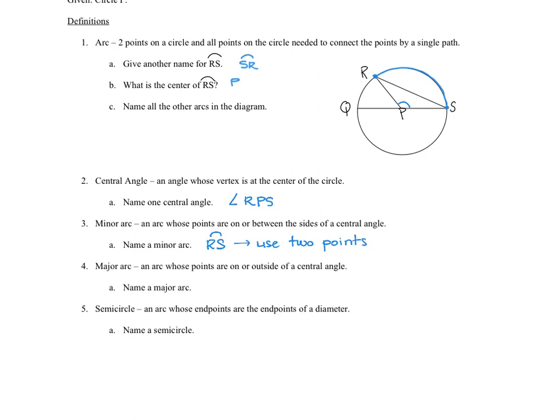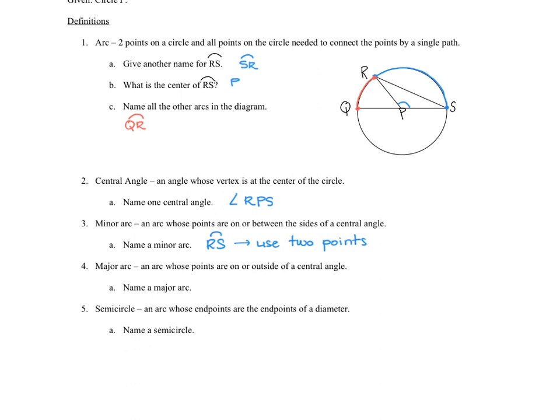If I wanted to name the other minor arcs on the diagram, I would have arc QR, which would start at Q and go to point R. So arc QR is another minor arc. Think of minor arcs as being arcs that are less than half of the circle.